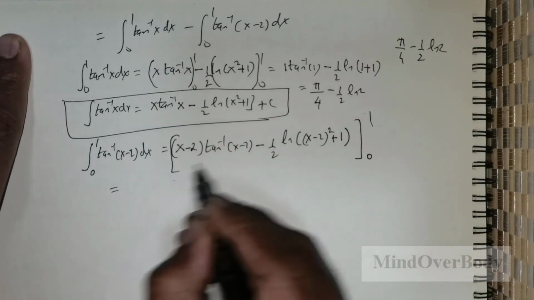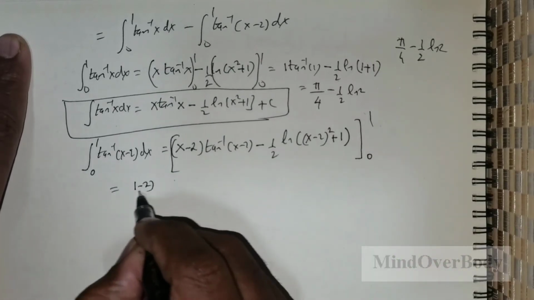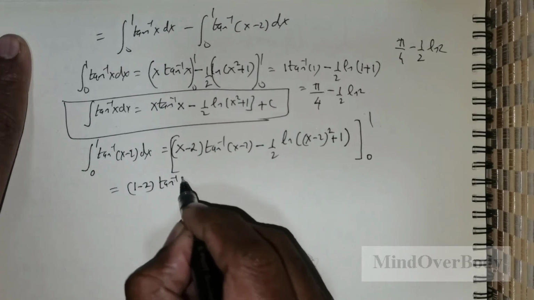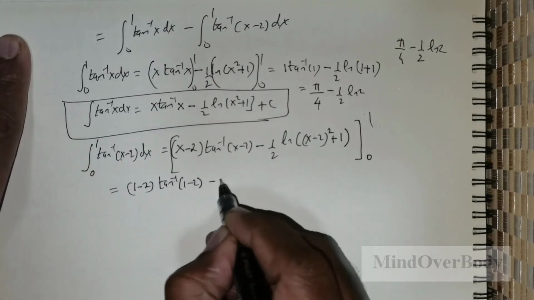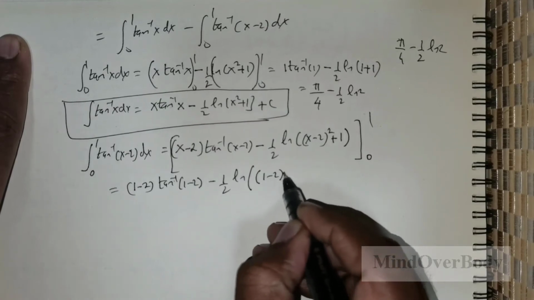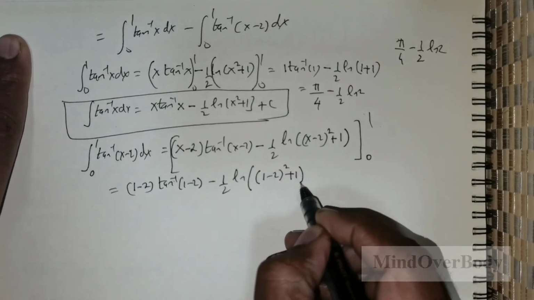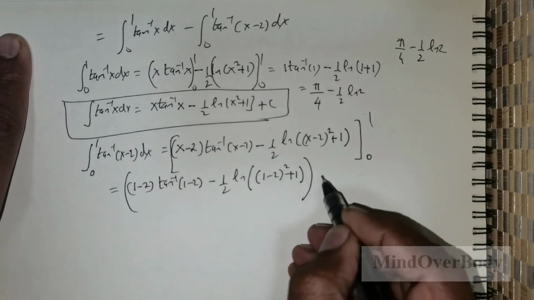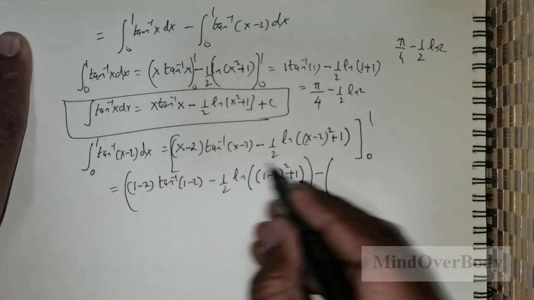Now if you were to substitute the upper limit, you get 1 minus 2 times tan inverse of 1 minus 2, minus 1 over 2 times ln of 1 minus 2 raised to the power 2 plus 1. This is for the upper limit minus the lower limit. Substitute 0.